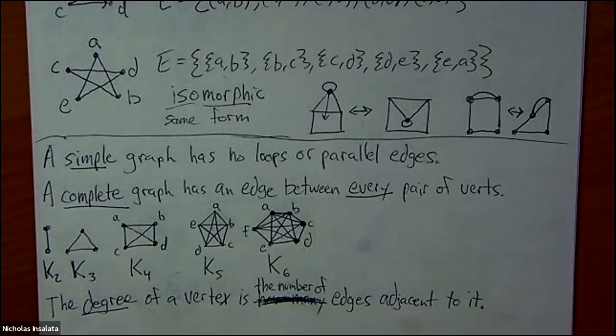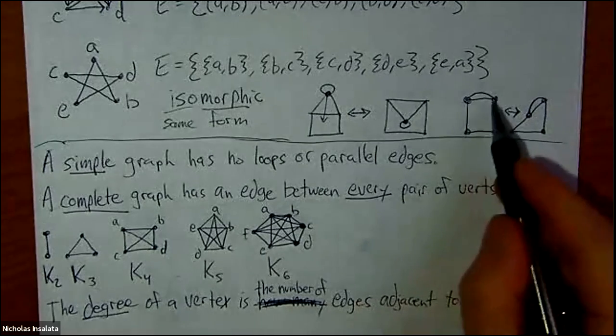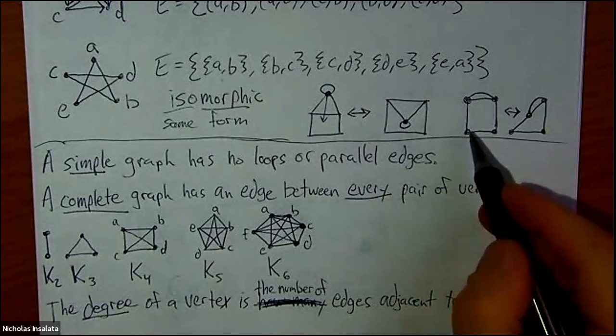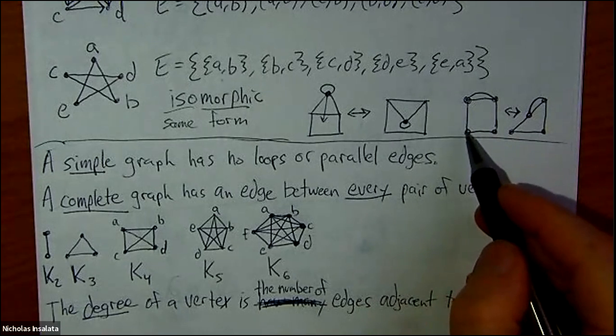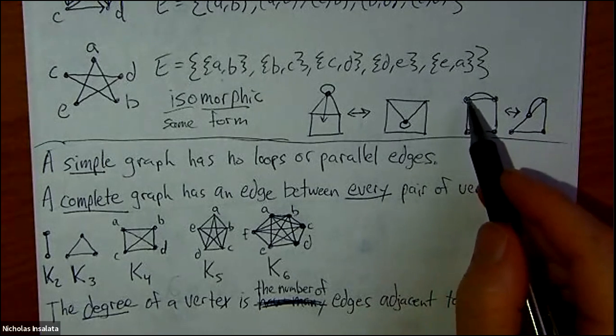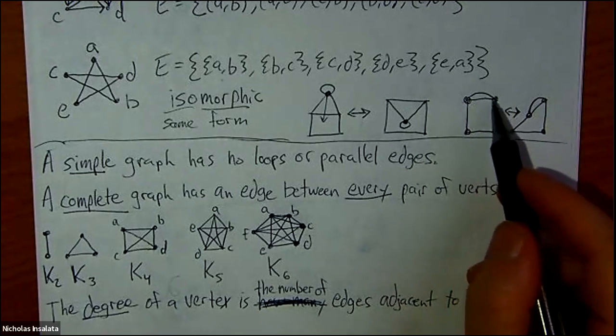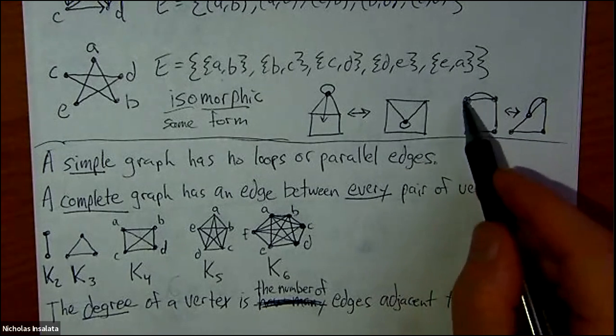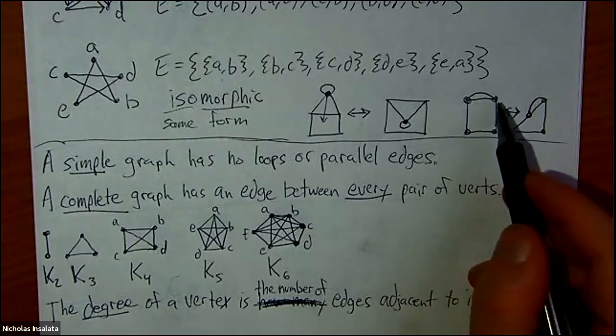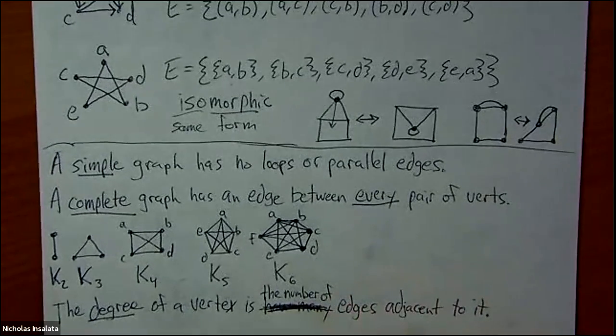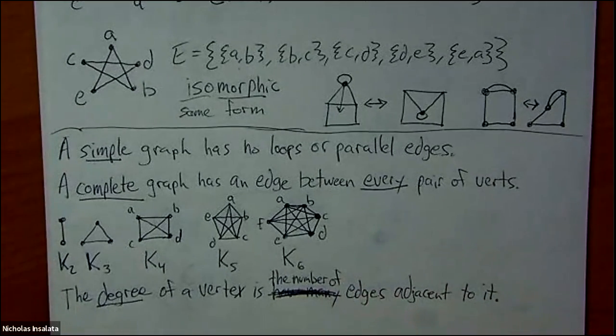What if you wanted to represent a road map, okay? The vertices here are cities and the edges are the roads or maybe freeways that connect them, right? If there's 2 roads to get from one city to another, then maybe you would want to represent that by 2 different edges that connect them. So maybe there's an example of a graph that uses parallel edges for representation. Does that make sense?